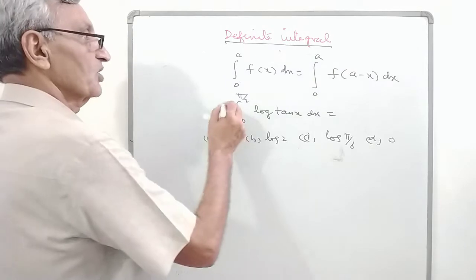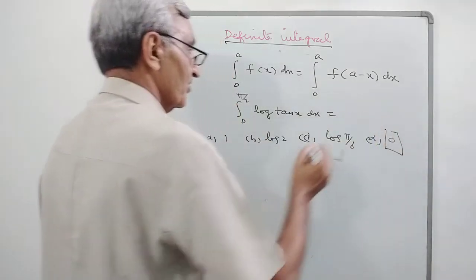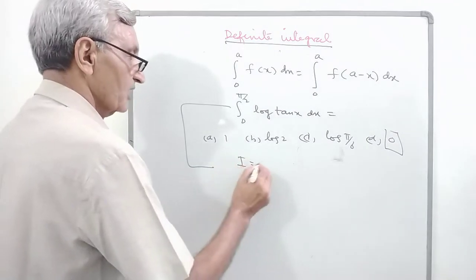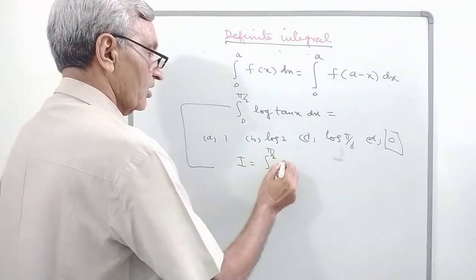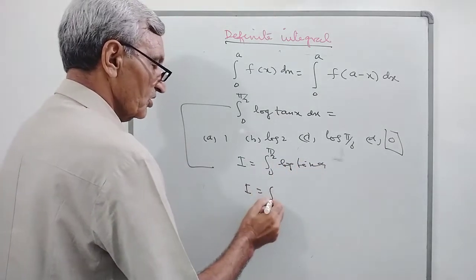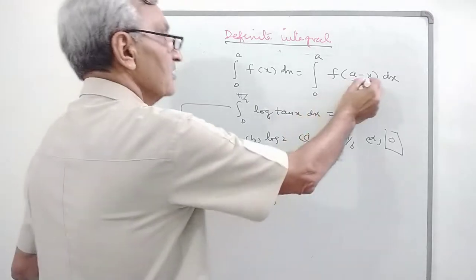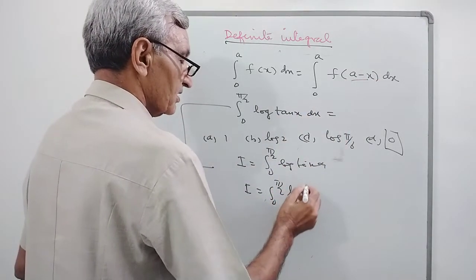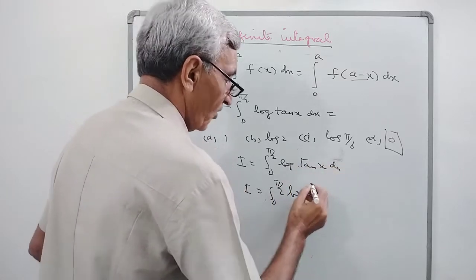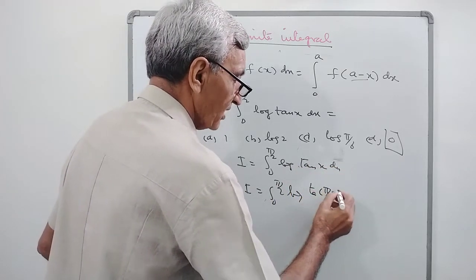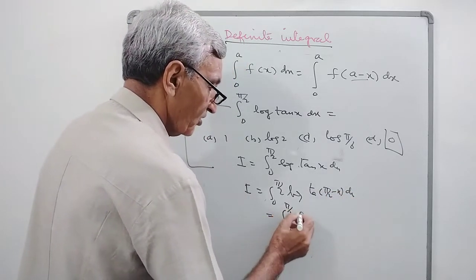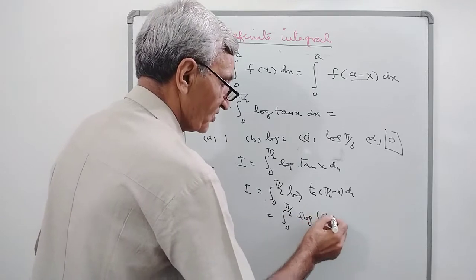Okay friend, I'll do the question. The answer is equal to 0. How? I is the integral from 0 to pi by 2 of log tan x dx. I is also equal to, using this result, the integral of log tan(90 minus x) dx, which is the integral from 0 to pi by 2 of log cot x dx.